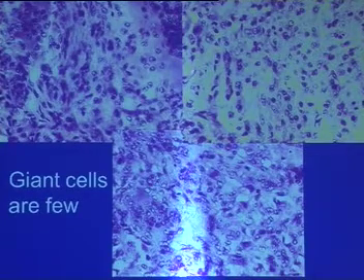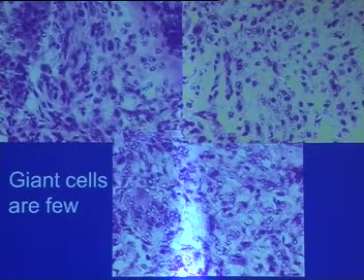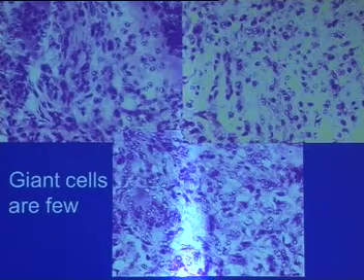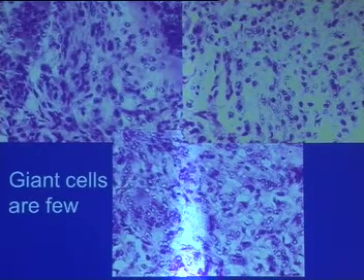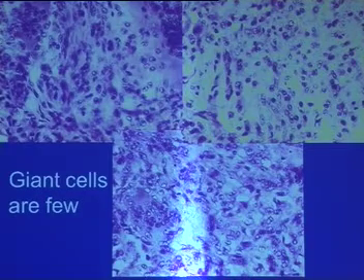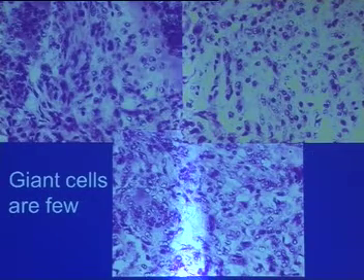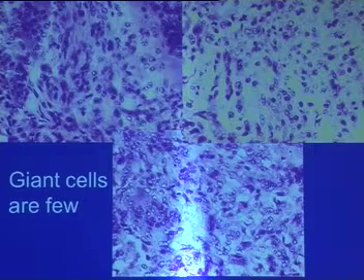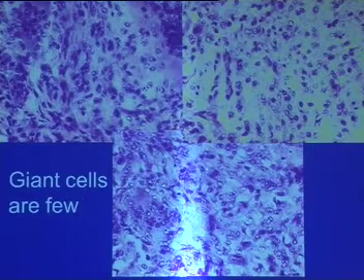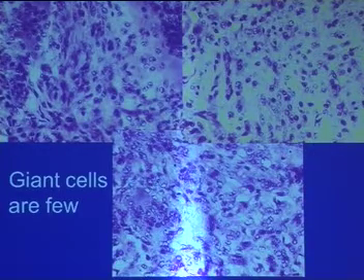sometimes the cells don't look all that spindly, and they look a little rounded. And giant cell tumor, for some reason they say, is more common in Asian countries, and I don't know what the reasons are, and this has been well documented in even the older literature.